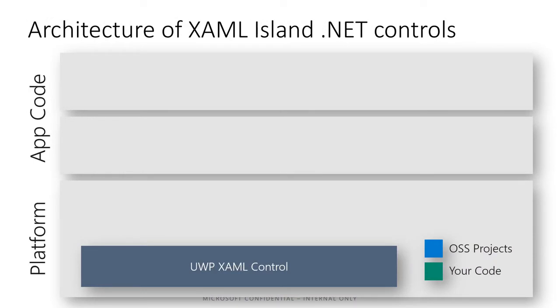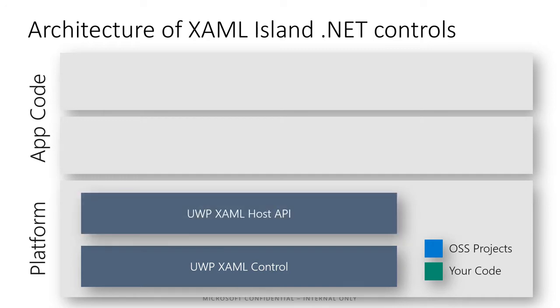Before doing some demos, let me show you how it works. So basically here you have the UWP controls that are part of the Windows platform, and XAML Islands is created by using the XAML host API that consists of several Windows runtime classes and COM interfaces that were introduced on Windows 10 1903.